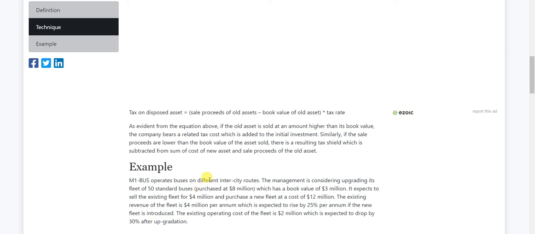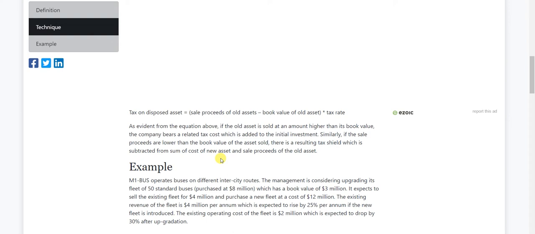Tax on disposed asset. So we have a formula to calculate tax on a disposed asset. This is equal to sale proceeds of the old asset minus book value of the old asset, into tax rate.